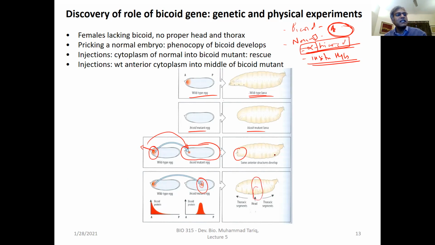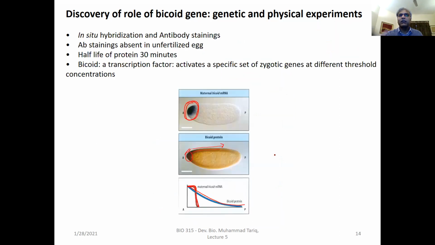It means the cytoplasm of the anterior region contains something. And with the discovery of messenger RNA, which I just told you, they could then conclude what is that special.